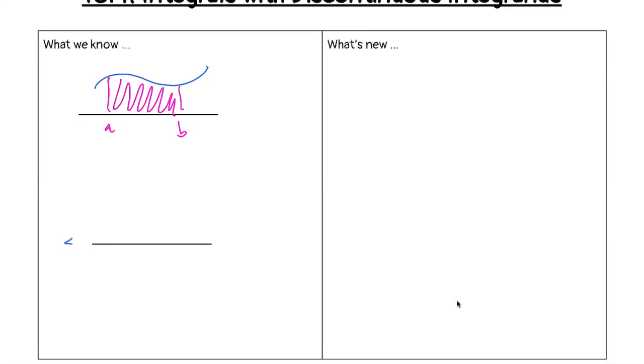Does this function drop quickly enough so that I could find that area? Or sometimes we looked at the right end behavior. Did this end drop quickly enough so that we could find that area? So that's what we really focused on, the end behavior.